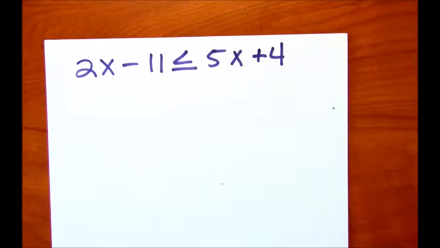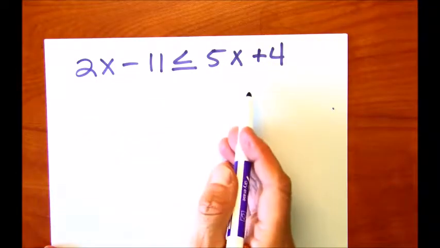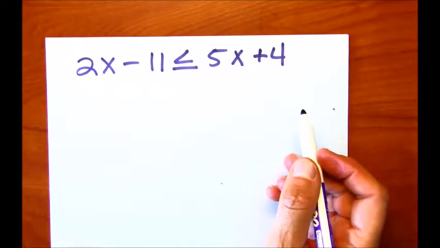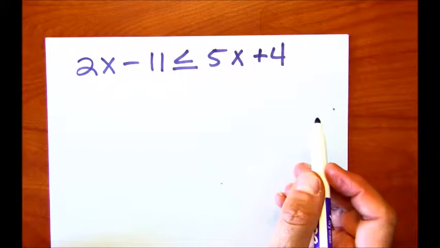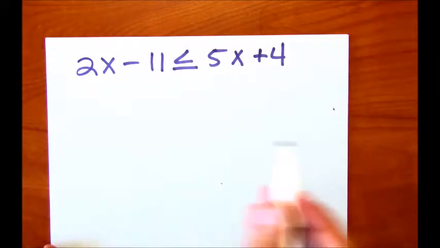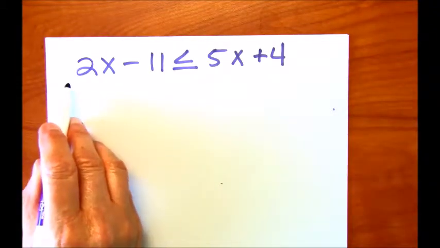Now, when we were just working with equations with equal signs, and we had variables on both sides, we'd have to choose one to bring over. And I want to avoid negatives because then I'm going to have to reverse the sign. So I'm going to move this 2x over because this is a positive 2x.